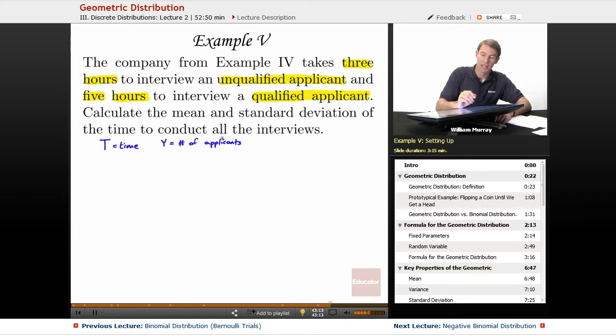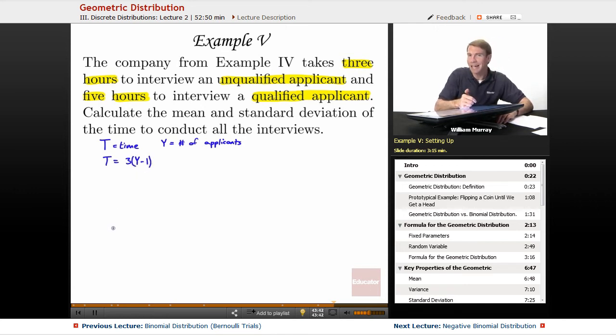And remember, the deal here is we're going to keep interviewing until we find somebody good. So that means if we find somebody good on the 16th try, that means we interviewed 15 people who didn't measure up, and then number 16 was the good one. So in general, T is, well, we have all the people who don't measure up. There's y minus 1 of them, and each one of those people cost us 3 hours each.